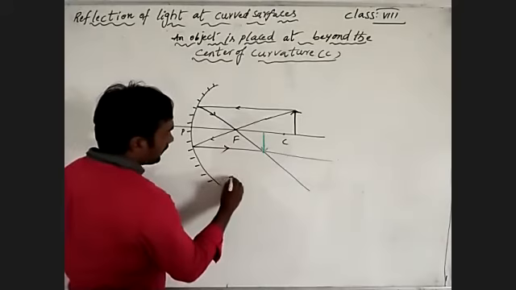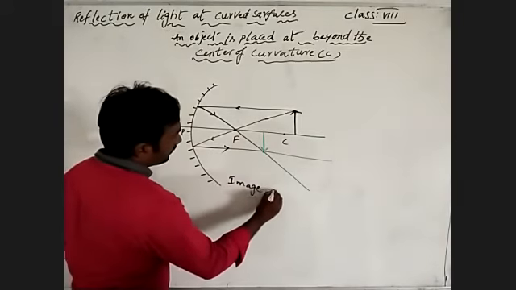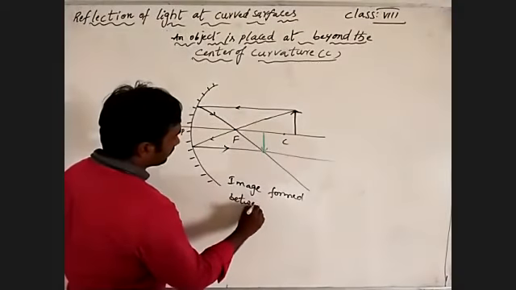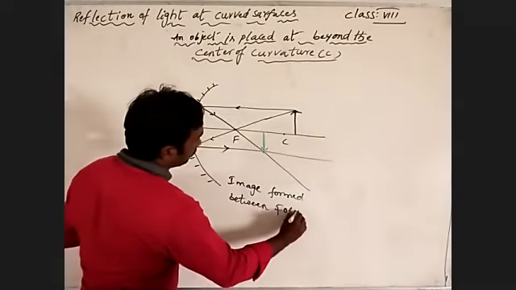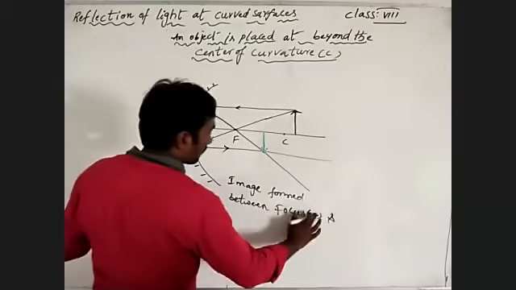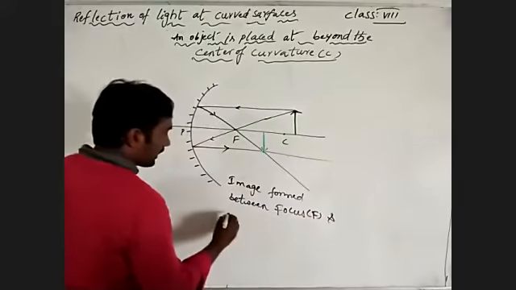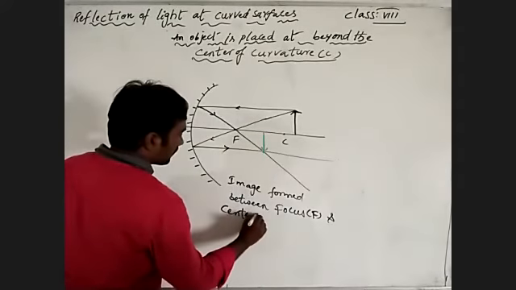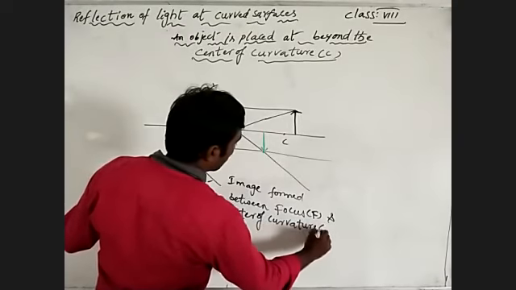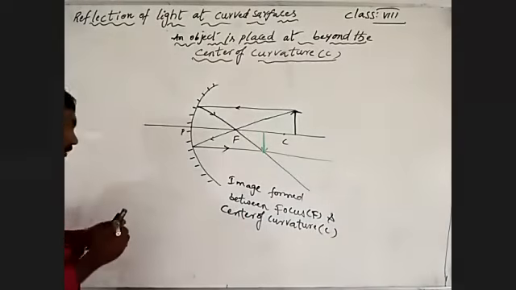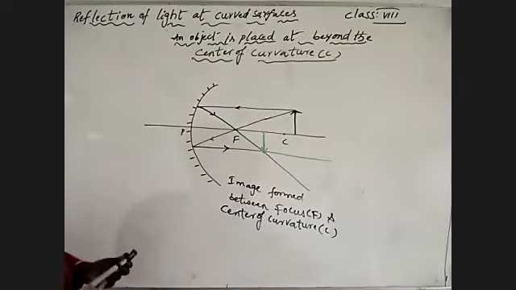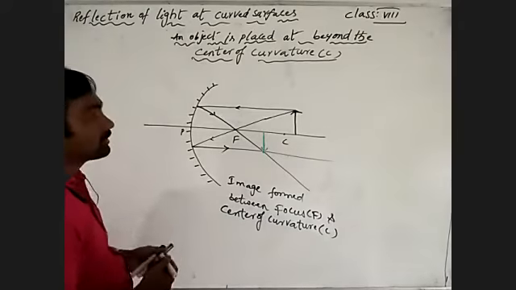See here, the image is formed between focus and center of curvature when an object is placed beyond the center of curvature.